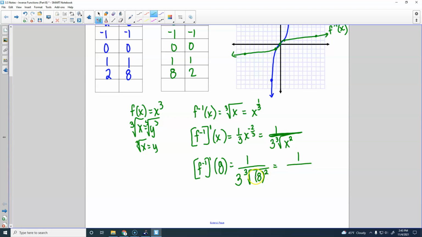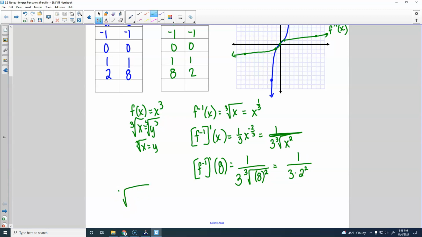I could figure out what 8 squared is, which is 64, take that cube root, or what's the cube root of 8? 2. So I could just do 3 times the cube root of 8 is 2 squared, right? I can take the cube root first.